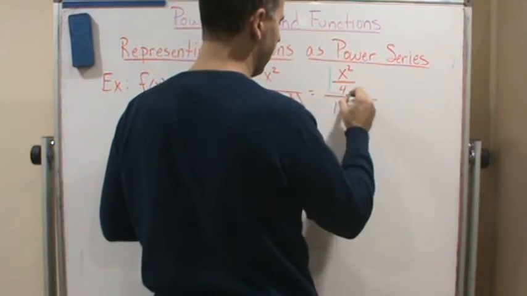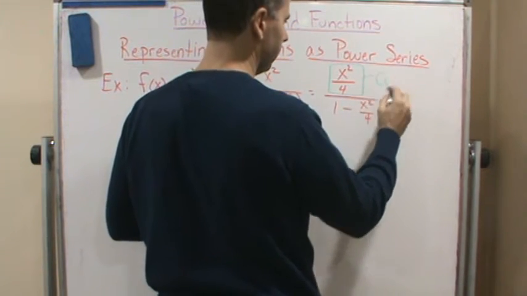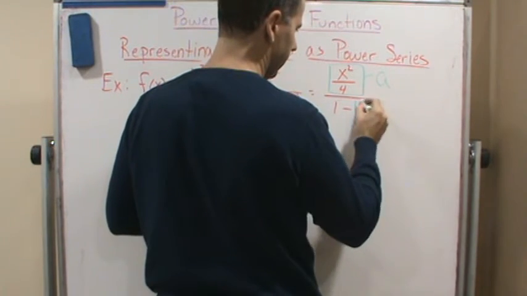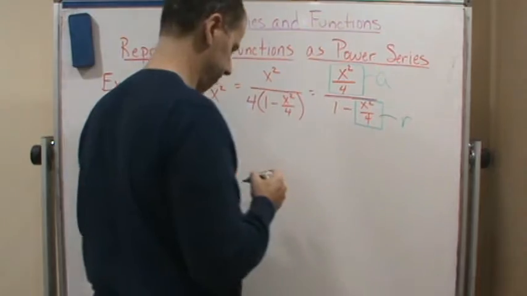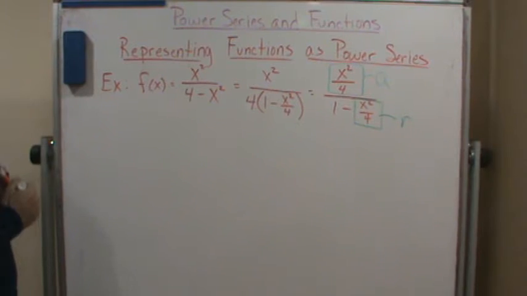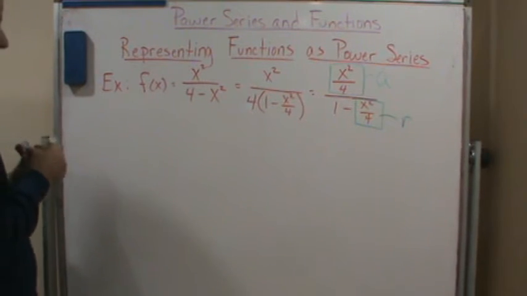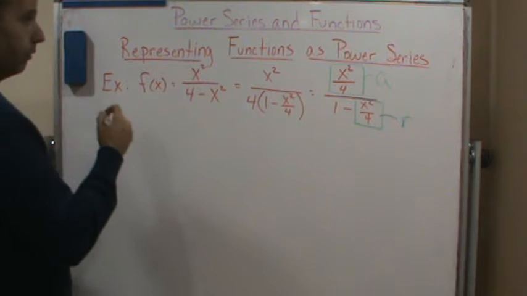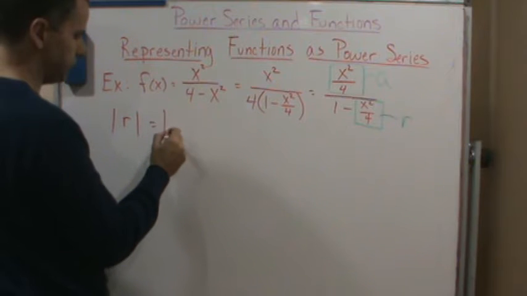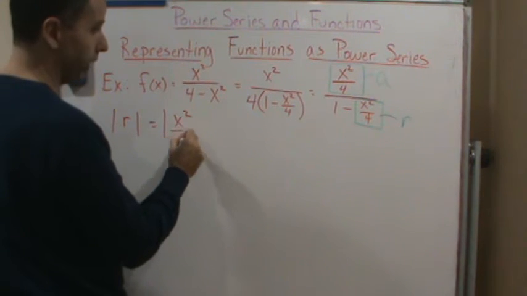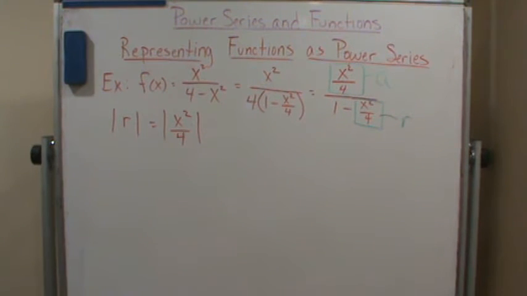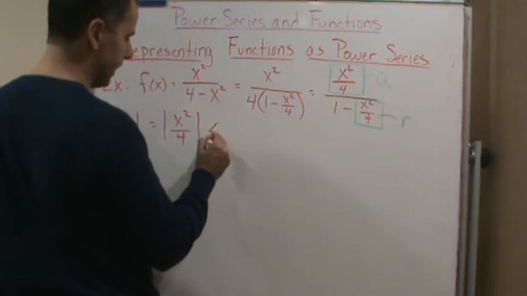This is going to be my A, and this is going to be my R. So now the absolute value of R, in this case, is equal to the absolute value of x squared over 4, and this has to be less than 1.